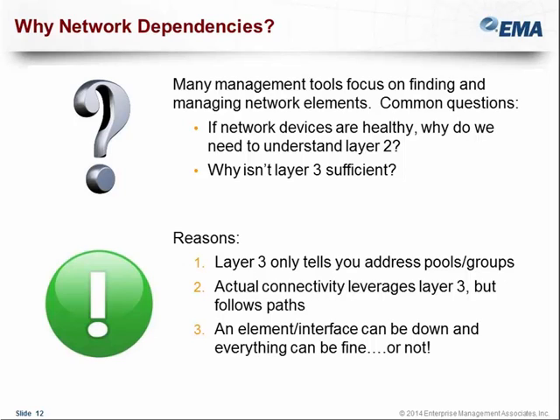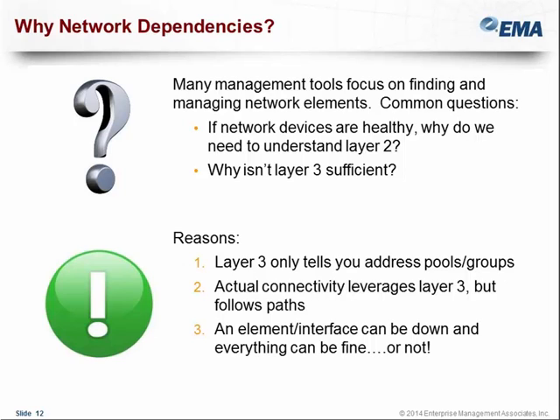So layer 3, with the IP addressing, is where you do your subnetting. It's where you organize your network from a high-level address perspective. This is very useful and a very essential practice, but the thing that gets left out of this is that you don't actually understand within layer 3 how the devices are going to talk to each other, because they are going to use layers 2 and 1 to do that.